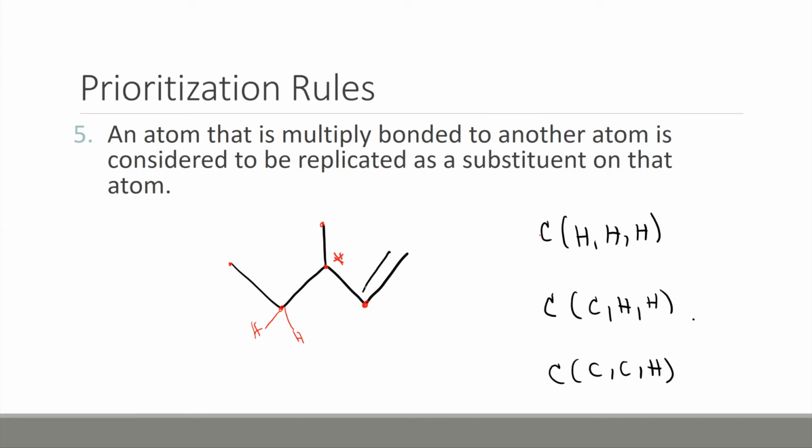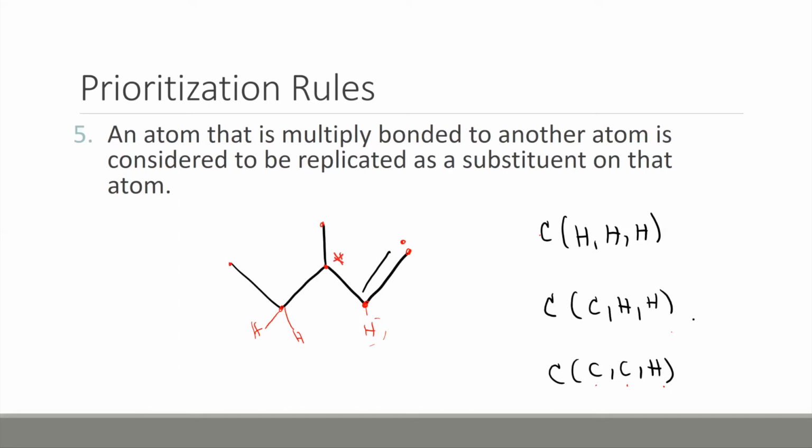This carbon has a double bond. And in this case, it also has a hydrogen here. So we would count this carbon as having a hydrogen and being connected doubly to a carbon. So it gets carbon, carbon, hydrogen.